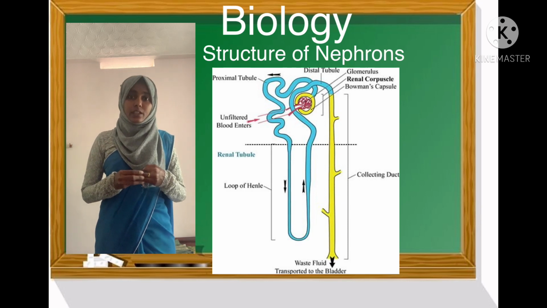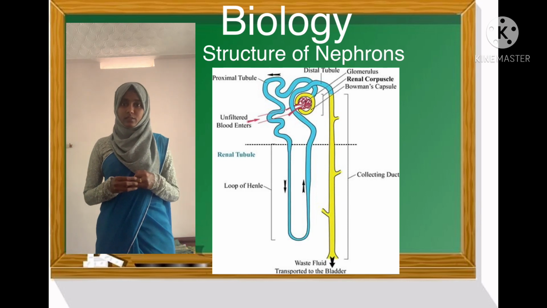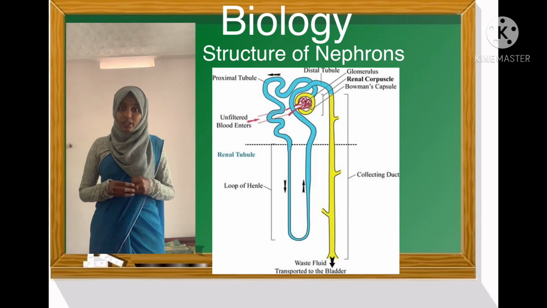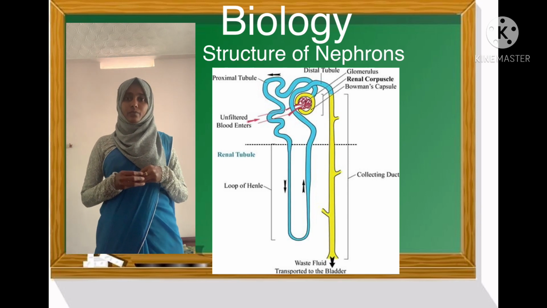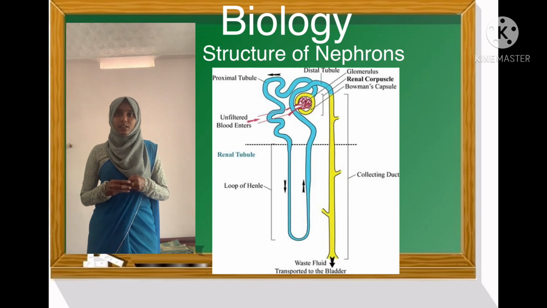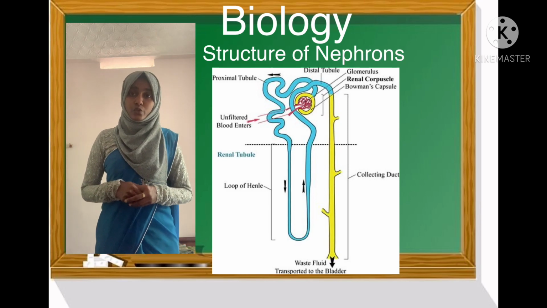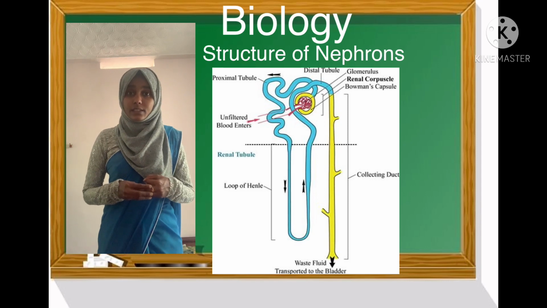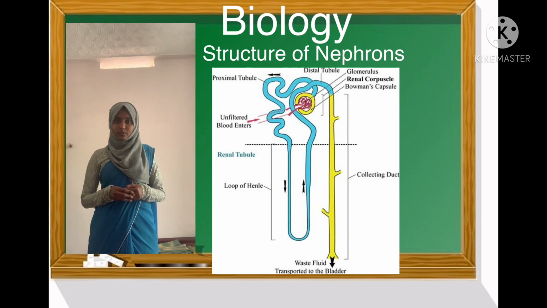And the next one is efferent vessel, a blood vessel which is formed by the fusion of capillaries in the glomerulus.